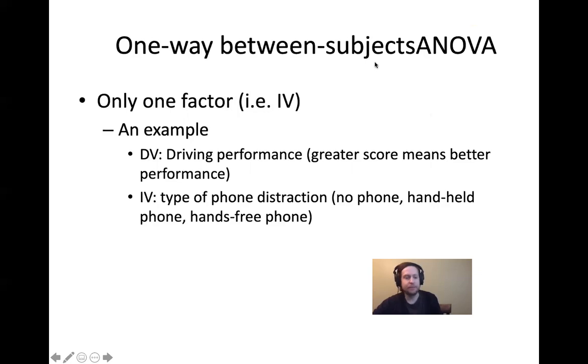And it's between subjects if you assume that people are randomly assigned to only one of the 3 conditions. It would be considered within subjects if on day 1, a person does the obstacle course with no phone, on day 2 they come in and do it with a handheld phone, and on day 3 that same person comes in and does it with a hands-free phone. That's within subjects. We're just going to talk about the between subjects situation, in which people are randomly assigned to only one of those 3 conditions.